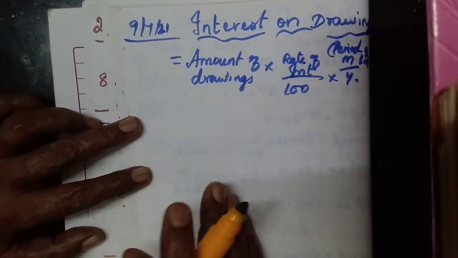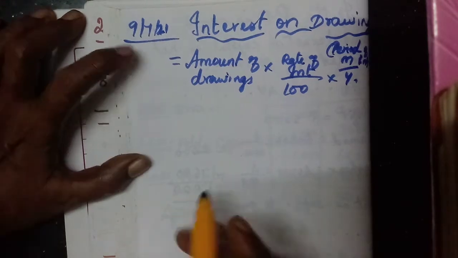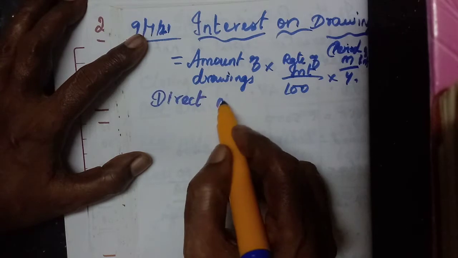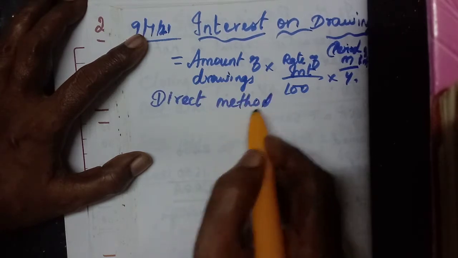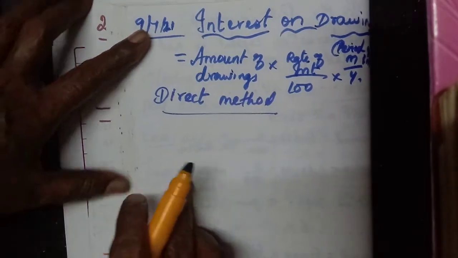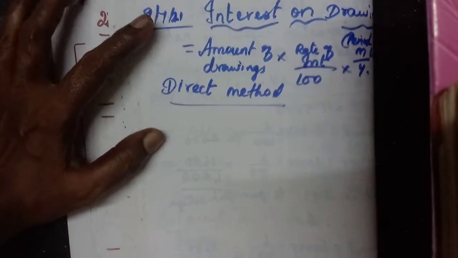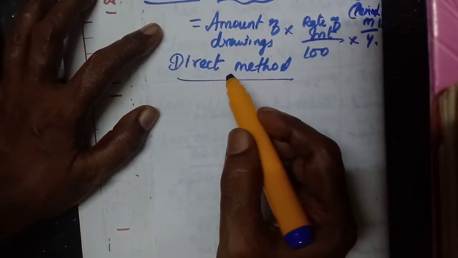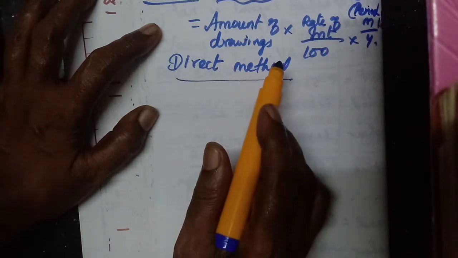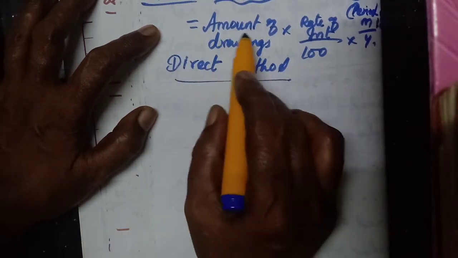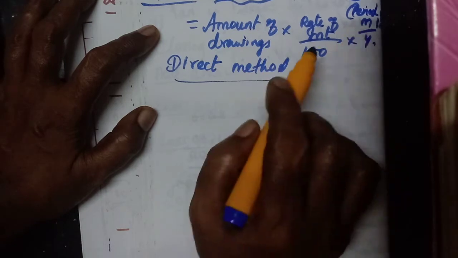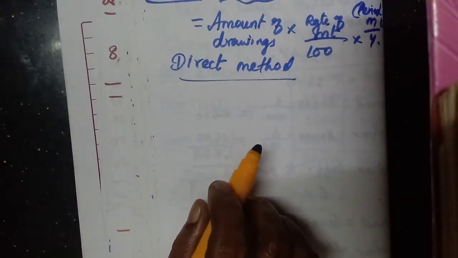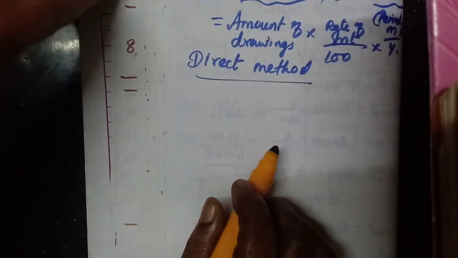That's all, the simple direct method. Direct method only we are going to do in the problems. So we have to go a little faster, then only we can complete the portion. Interest on drawings is equal to amount of drawings into rate of interest into period of interest.